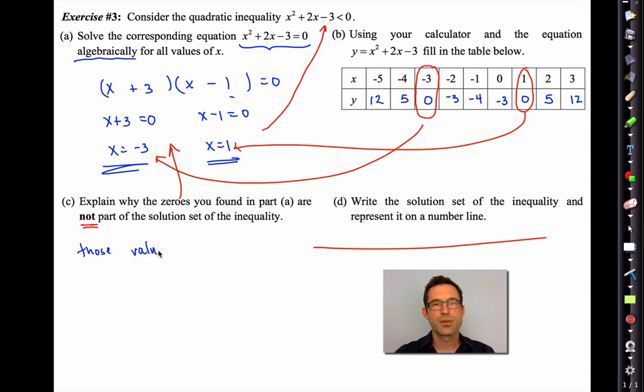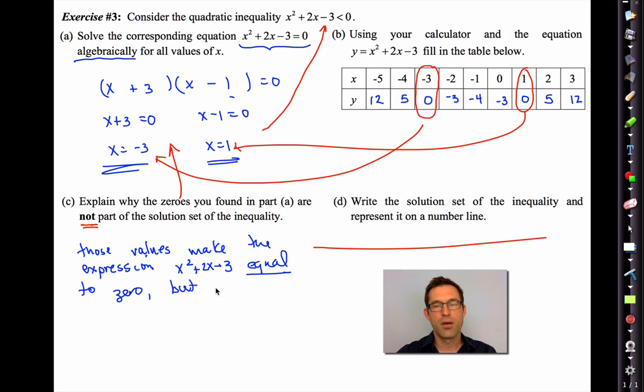Those values make the expression x squared plus 2x minus 3 equal to 0.